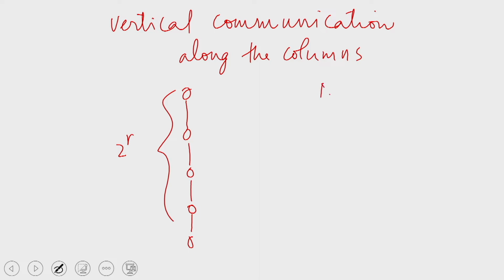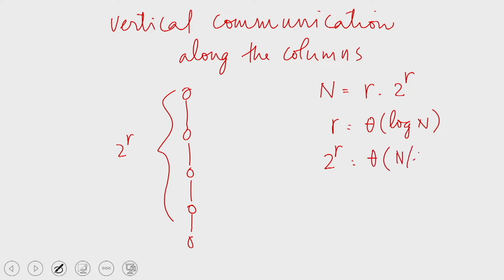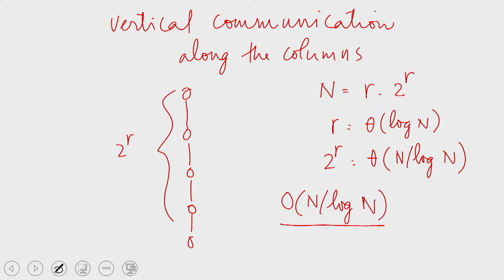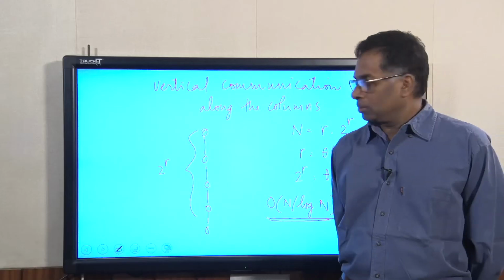But if n equals r times 2 power r, then r is theta of log n and 2 power r is theta of n by log n. Therefore, the time taken would have been order of n by log n. We would have had only an order of n by log n time simulation of every single step, which is not good enough. That is why we are not attempting the simulation using a 2 power r by r mesh.